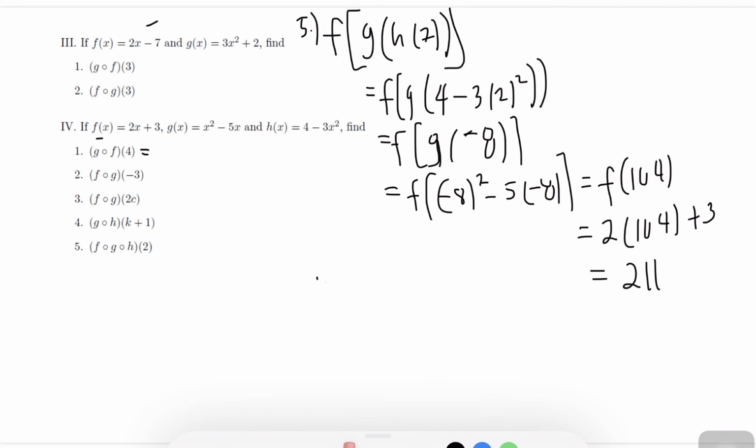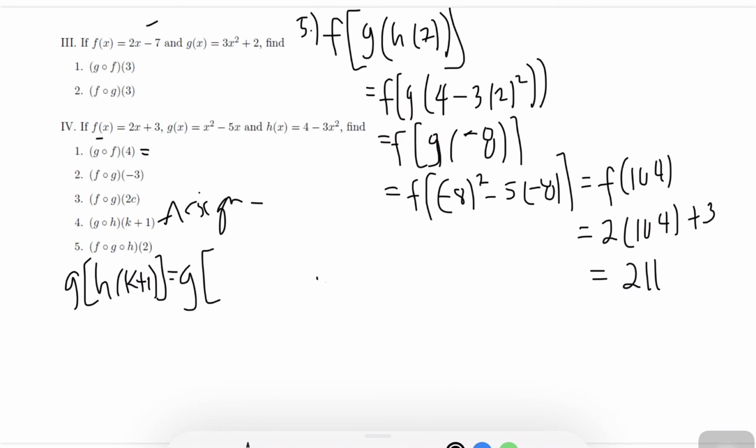By the way, you will finish number 4 because it's too long, so it will be your assignment, but this is how you do it. This will become g of h of k plus 1.